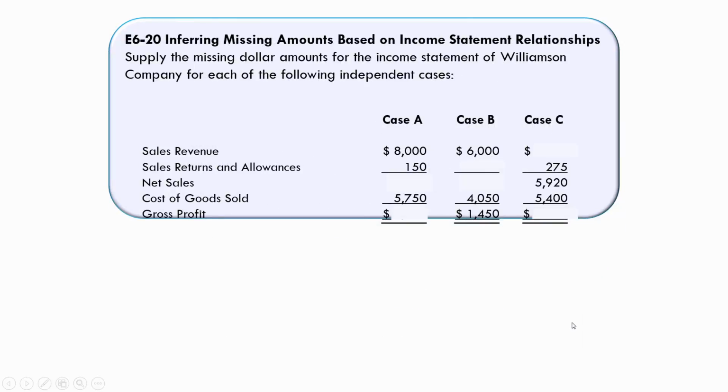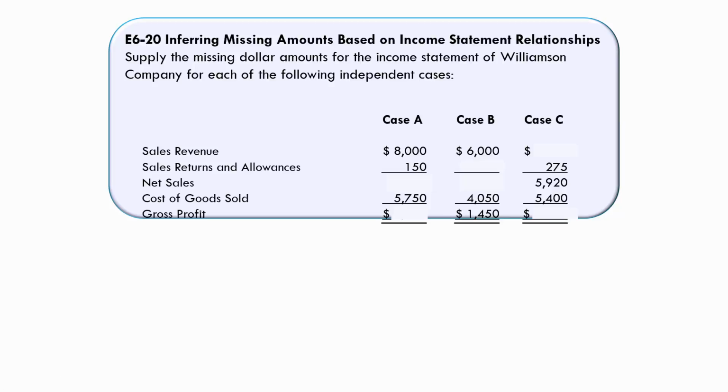This one we're going to fill in missing dollar amounts. And this is knowing how a multi-step income statement should flow. You also have to know that net sales is the difference between revenue and sales returns and allowances. These are contra accounts, therefore they are subtracted, the balances are the opposite balances.